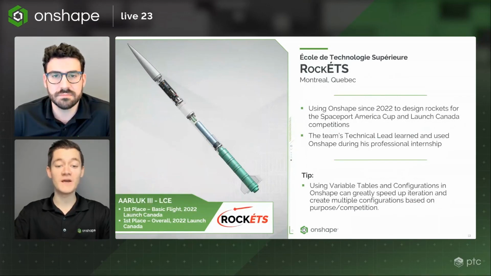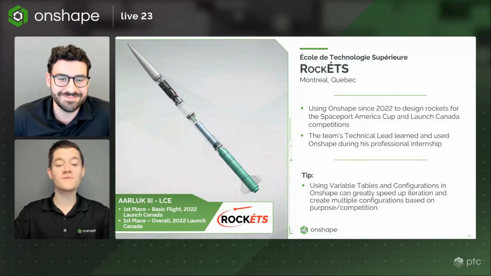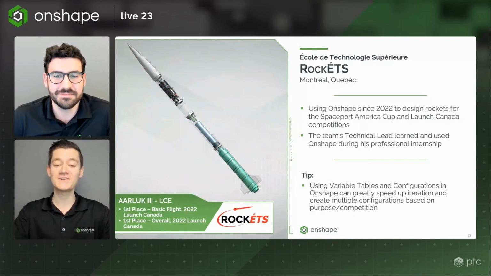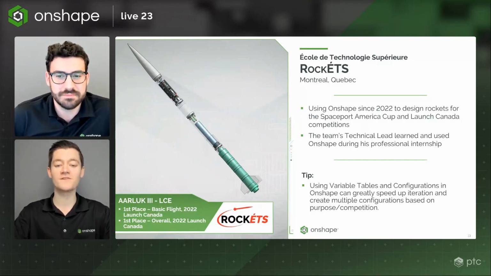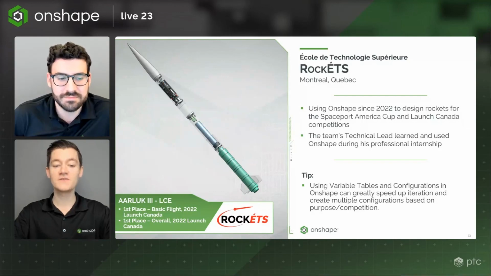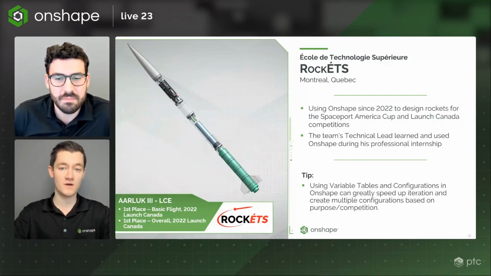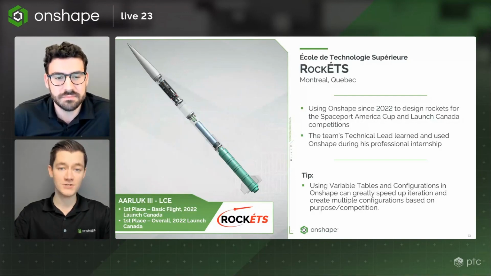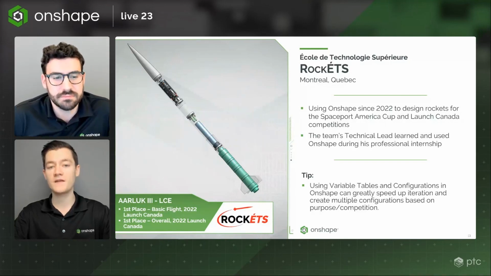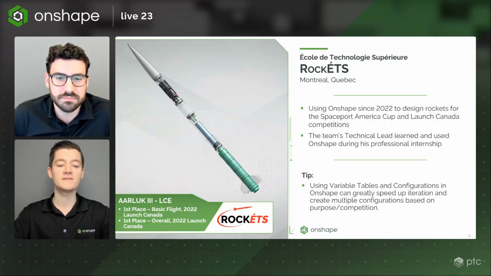Now, quite the opposite of being underwater, the Rockets team from the École de Technologie Supérieure in Quebec is launching their rockets 27,000 feet up into the air. This team has a pretty cool reason for choosing Onshape as their CAD platform. One of their design leads used Onshape during his professional internship and realized it would be a great fit for the rocketry team back at ETS.